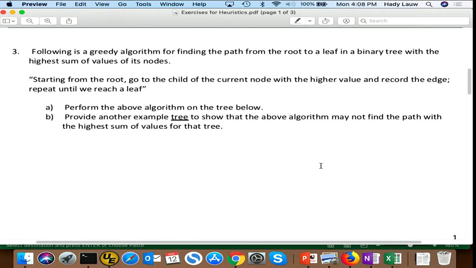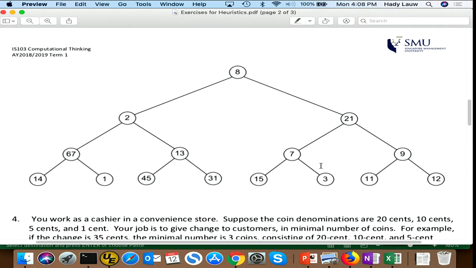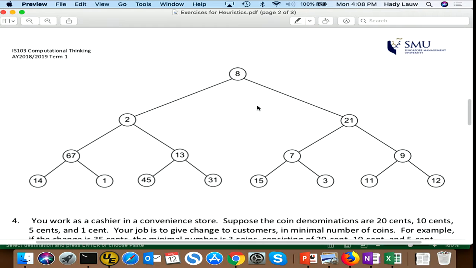In this case, you are first given a tree, and the tree has some numbers attached to the nodes. We would like to find a path from the root to a leaf such that the total sum of numbers that are added up gets to the maximum possible value.